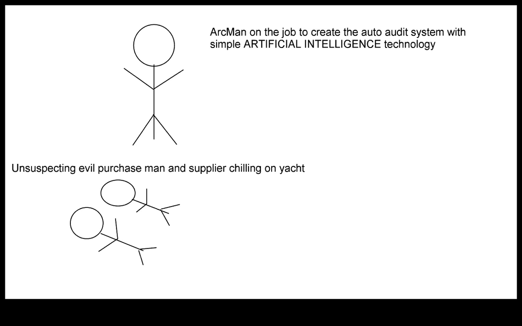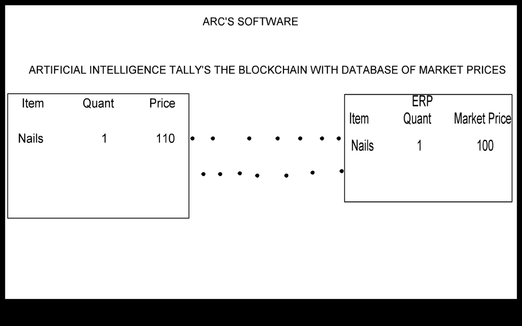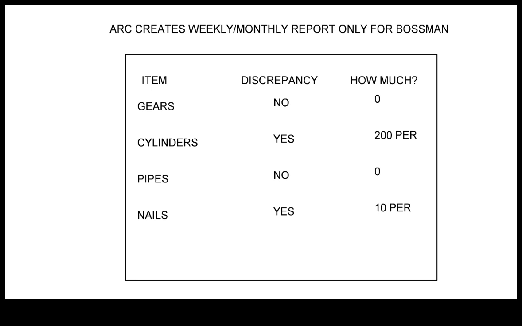So once these two are linked, it'll essentially say market price per piece for the quantity, which is 1, and the sale price, which is 110 in the blockchain, does not equal the market price. And that would signal ARC to push out a report that looks like this.